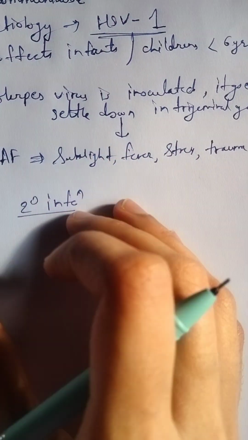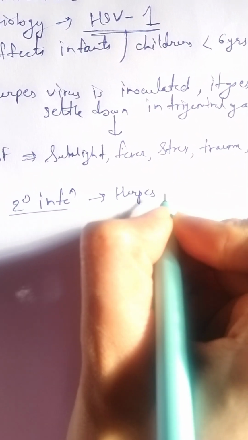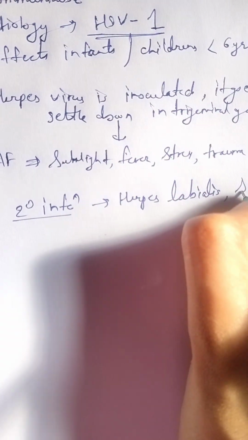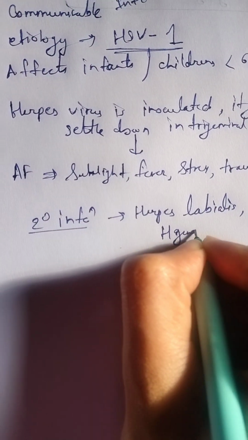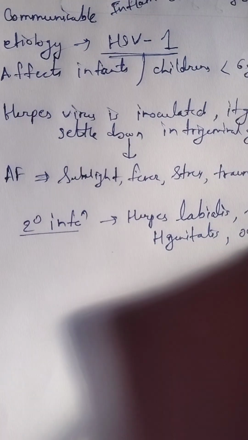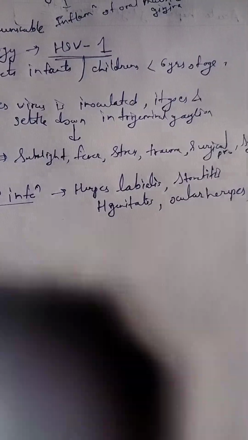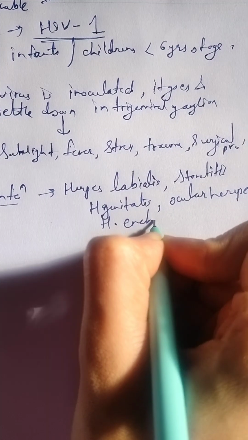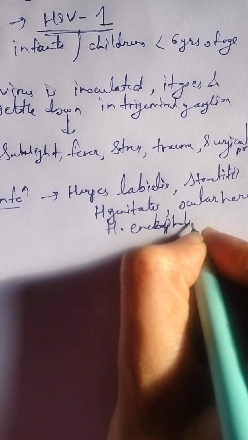Then secondary manifestations will be seen: herpes labialis, herpetic stomatitis, herpes genitalis, ocular infection, that is ocular herpes, as well as herpetic encephalitis.